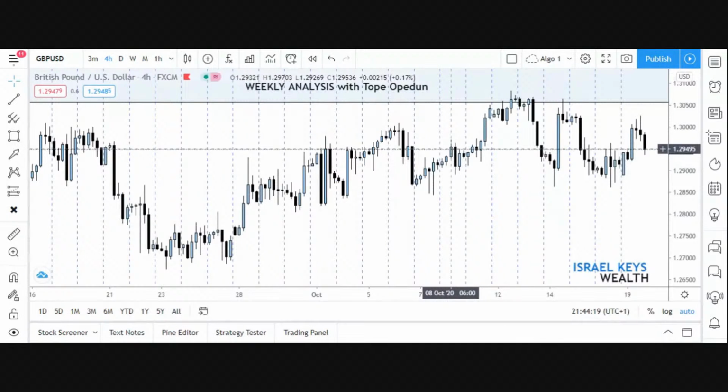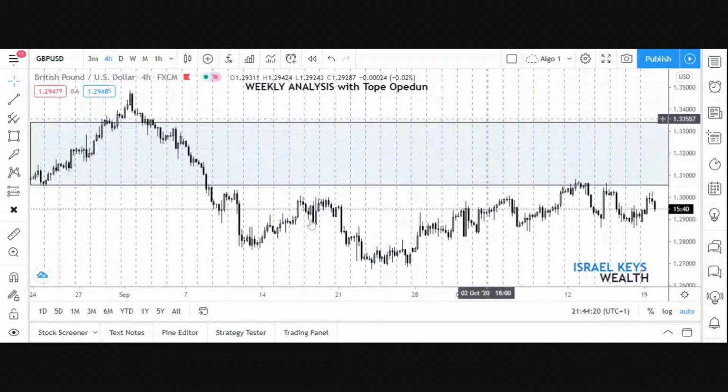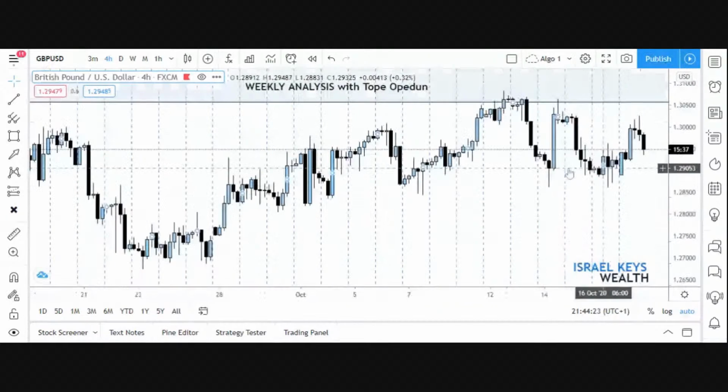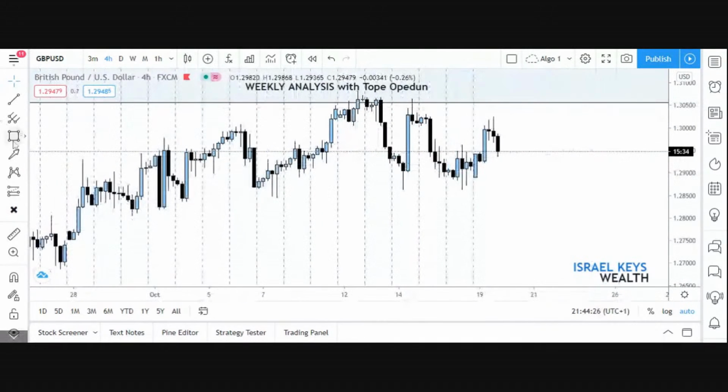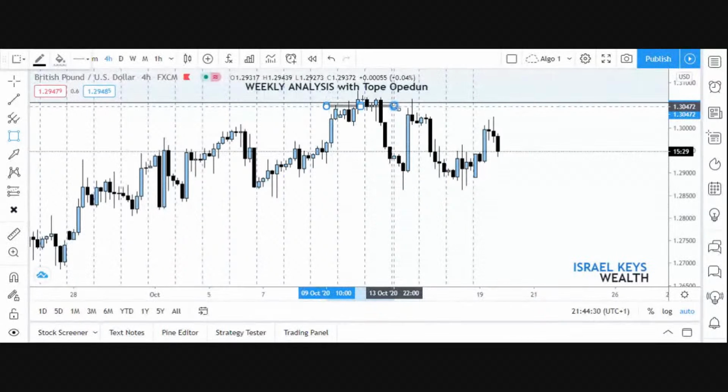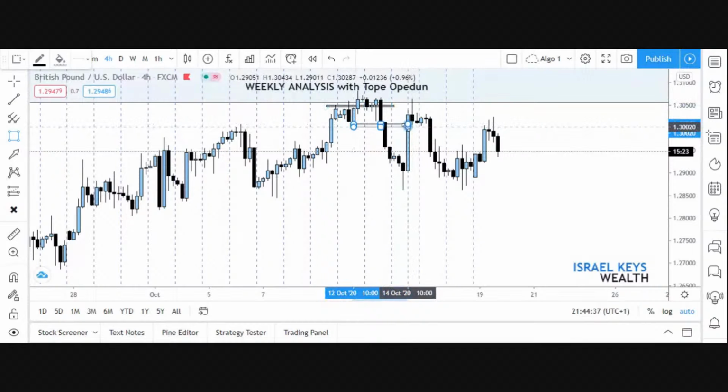And what makes it look even better is this. We are having a high taken out, a market structural break has happened over here, and there's a return into the range.